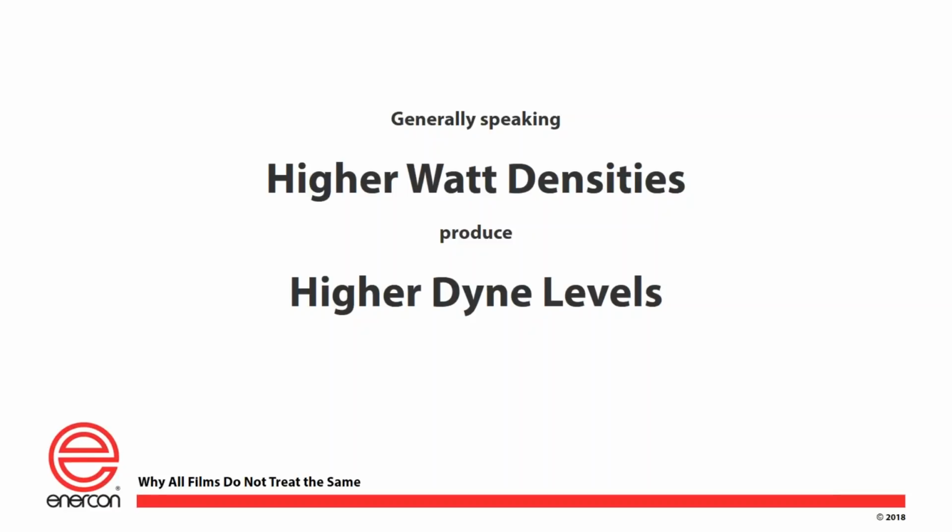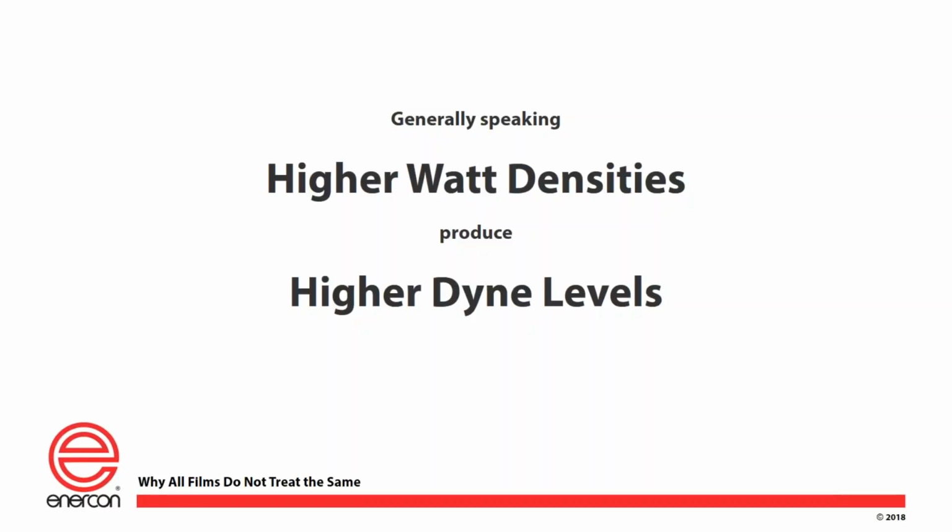Well, in surface treating, there's a bit of a disconnect here, because many people look at watt densities and say, if I apply a higher watt density, I'm always going to produce a higher dyne level. And while generally that's true, as the slide indicates here, that's not 100% the case, and it certainly isn't linear. Generally speaking, higher watt densities can produce higher dyne levels, but typically not in a linear fashion.